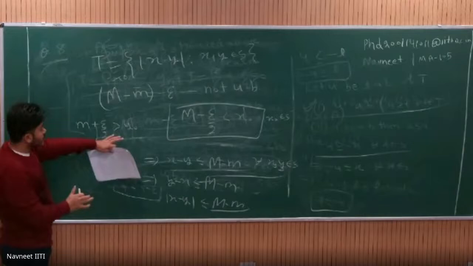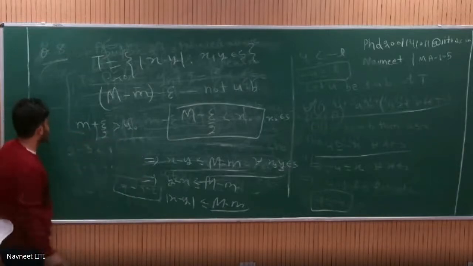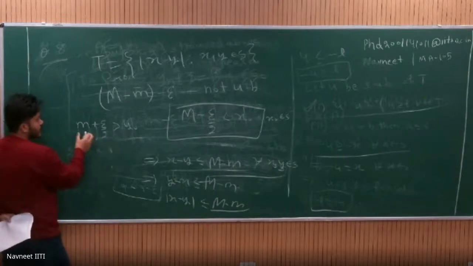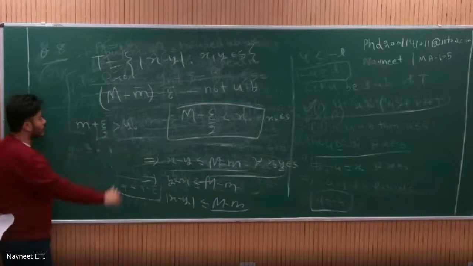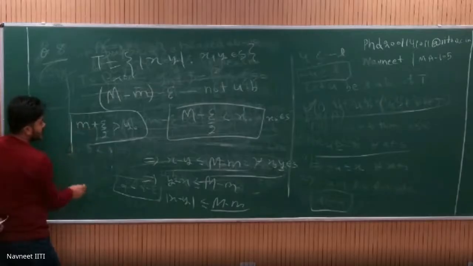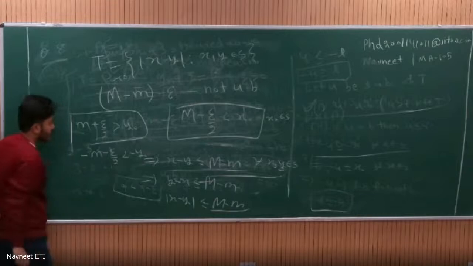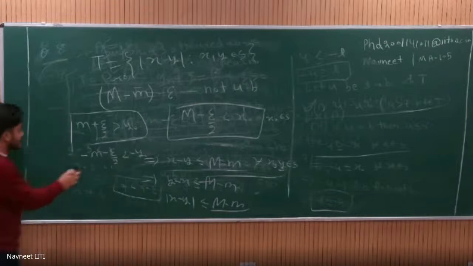Using a similar property of question number 8, second part, which we have not proved, but I am telling you: if small m is the infimum, then if we add something, this is not going to be a lower bound. This is clear or not? Yes, sir. Okay. Now just multiply by minus 1. Then you get minus m minus epsilon by 2 is going to be less than minus y naught. Then add this one and that one.